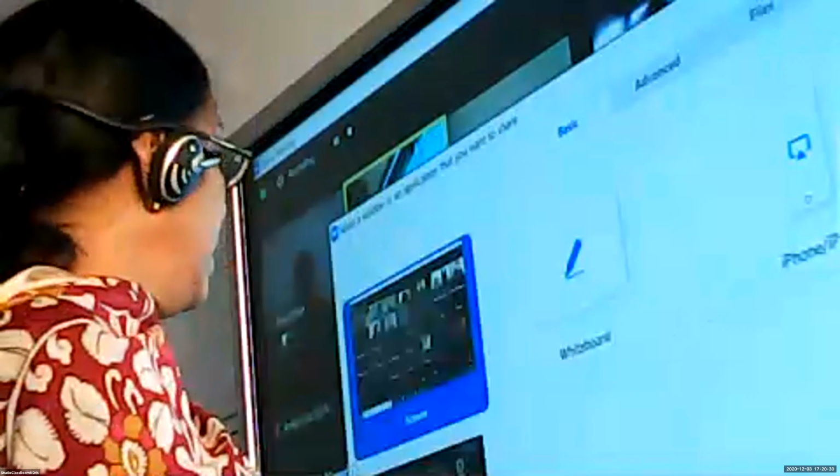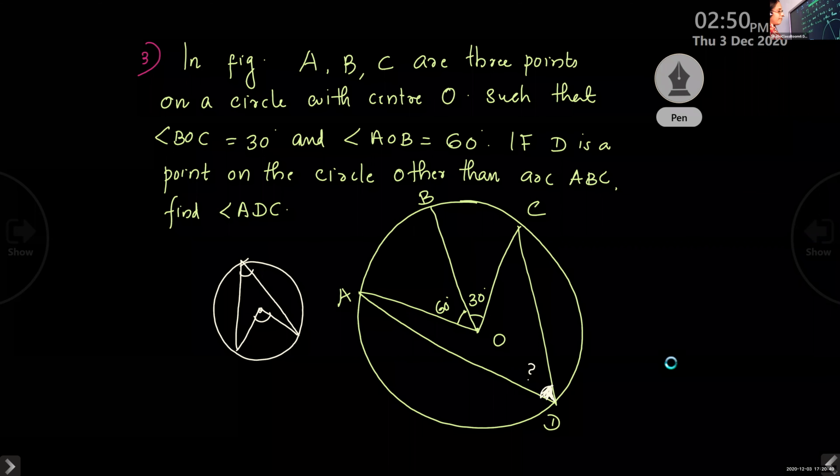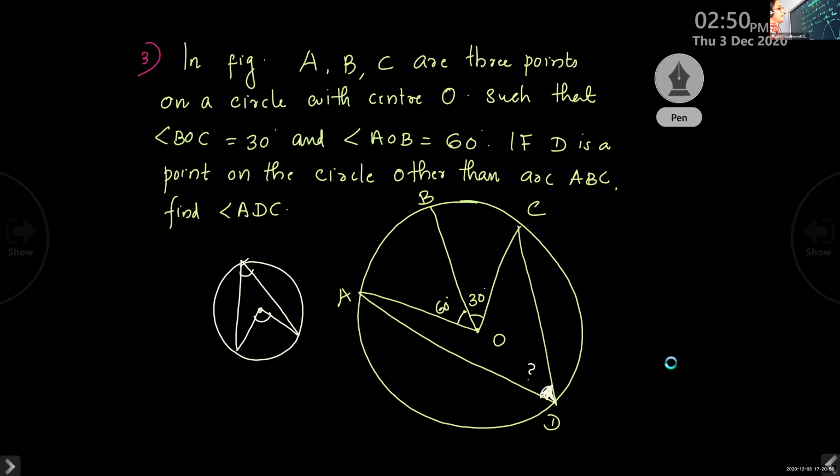Any theorem you have studied? Theorem 8. What is theorem 8? Yes, Ashik? The angle subtended by an arc at the center is double the angle subtended by it at any point on the remaining part of the circle.